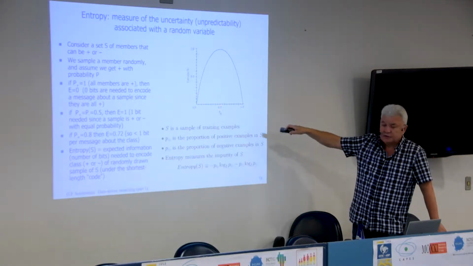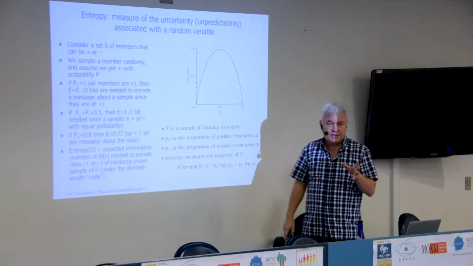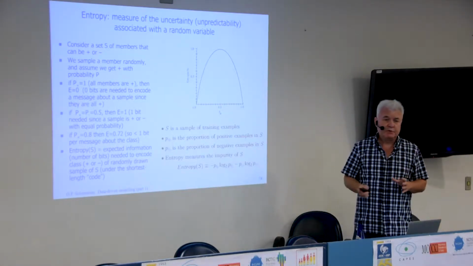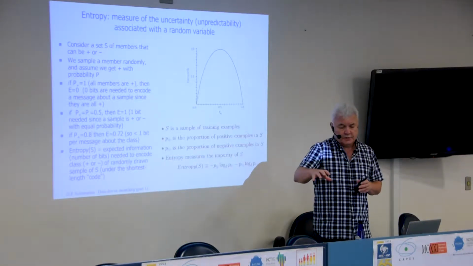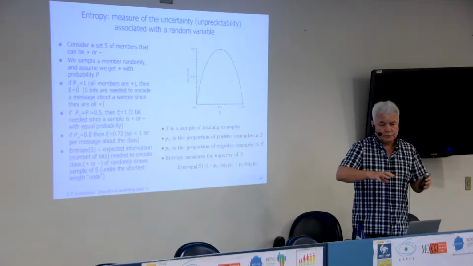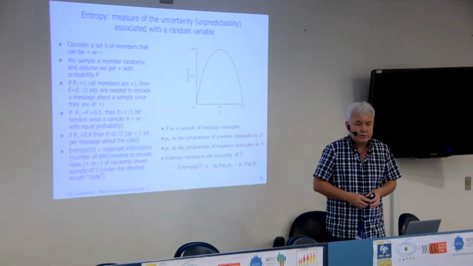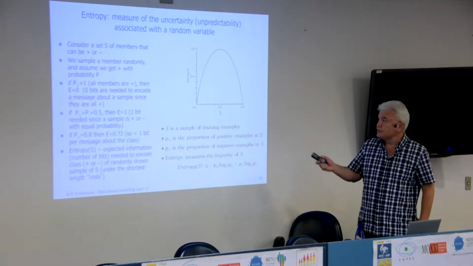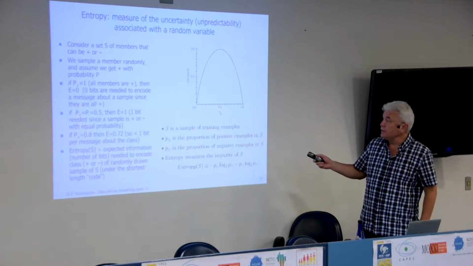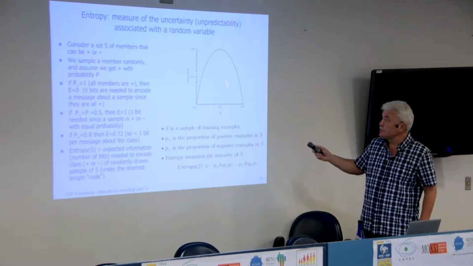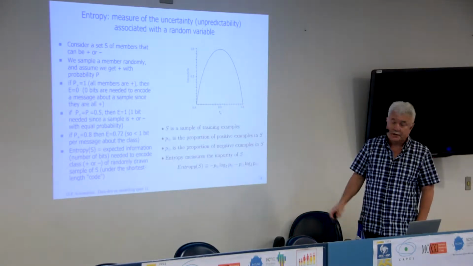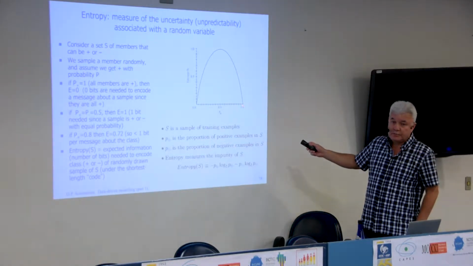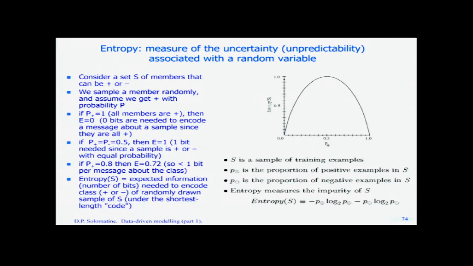So if the probability to find class plus is 50%, then entropy is maximum, because the number of examples belonging to these 2 classes is equal, so we cannot distinguish much. But if the probability to find class plus is approaching 1, entropy drops to 0. So if all examples belong to class plus, entropy is 0 here.